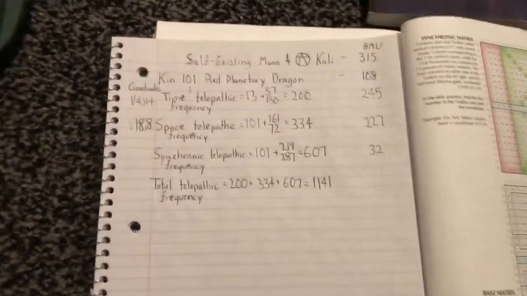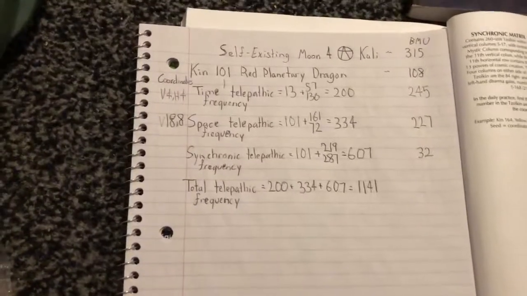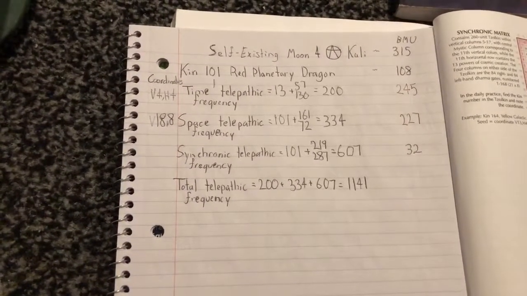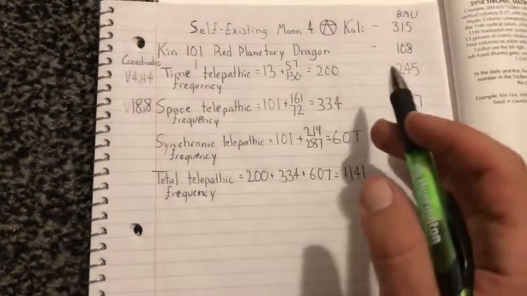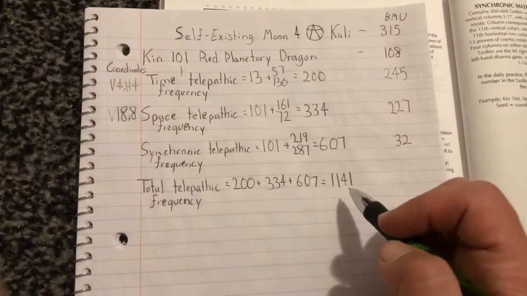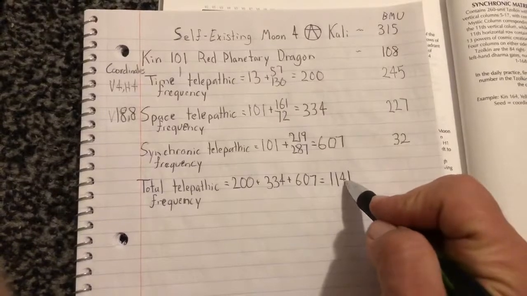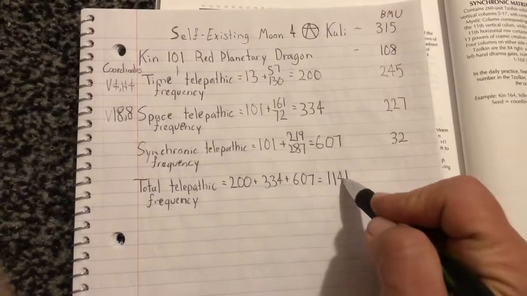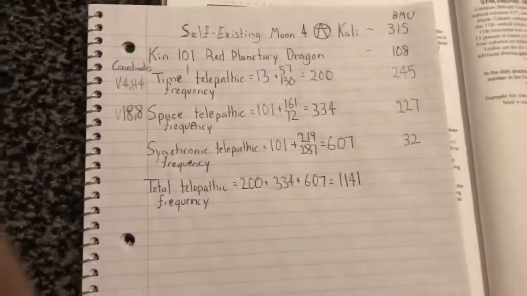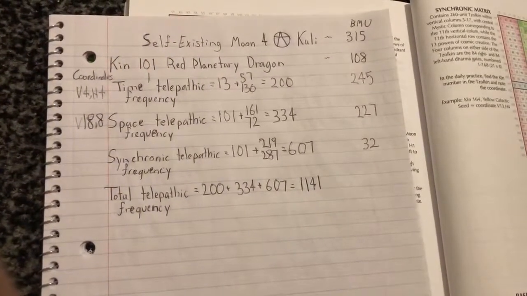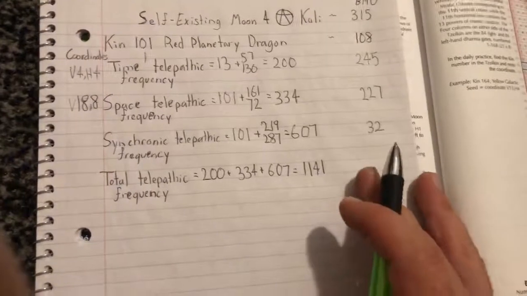Alright, so we have our total telepathic frequency. And now we're missing one thing, the number to activate it. To find that, we subtract 441 from this until it's under 441. And that one should be 259.